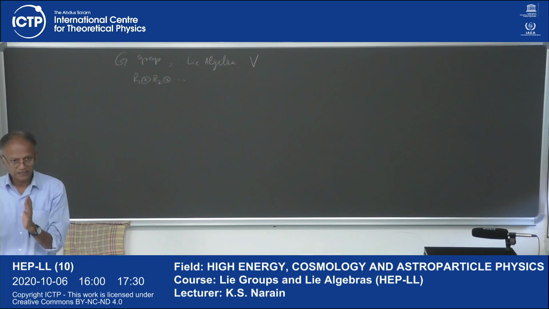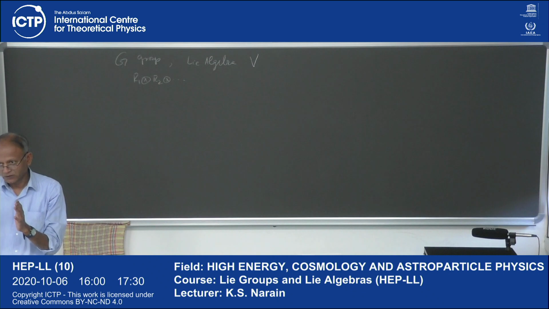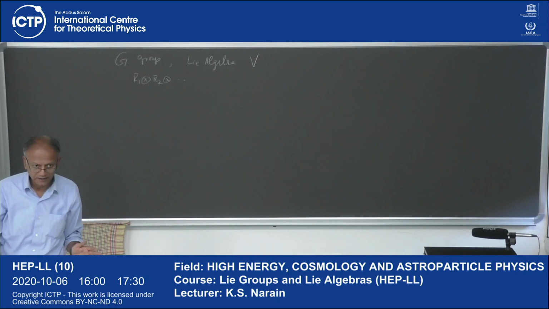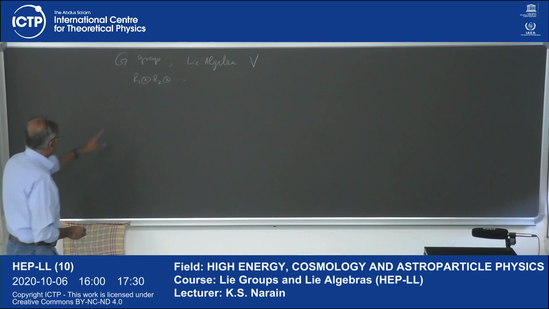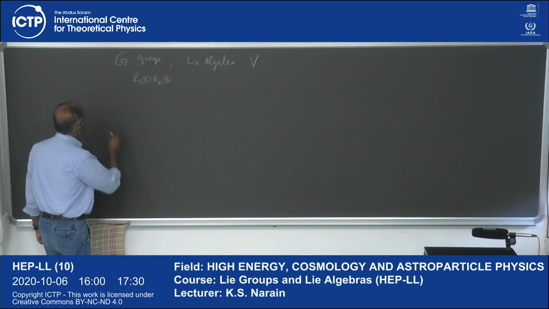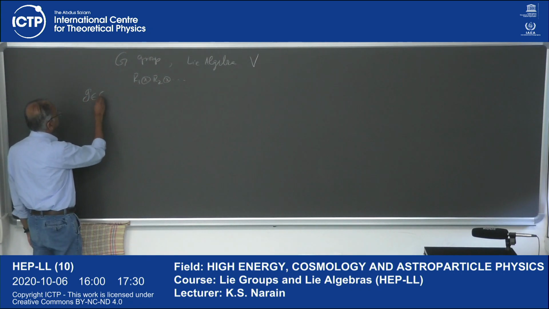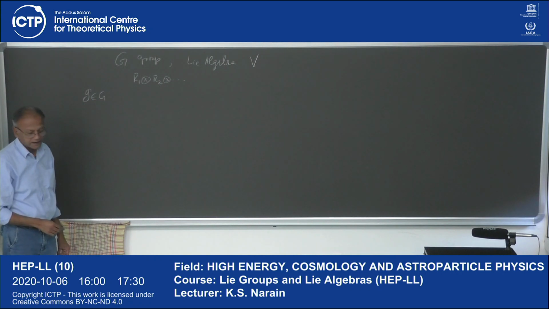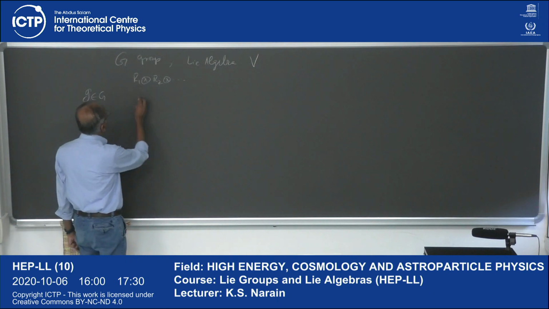If the Lie algebra element is expressed as some n-by-n matrix, so the representation is n-dimensional, then you exponentiate that matrix and you get the group elements, which will also be n-by-n matrices. Now suppose little g belongs to G. How does this act on these representations? It will be given by R1(g).